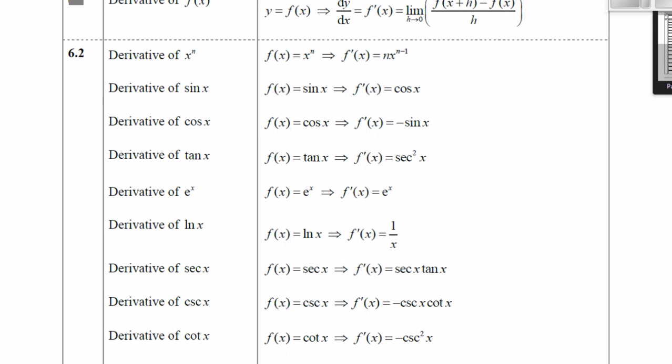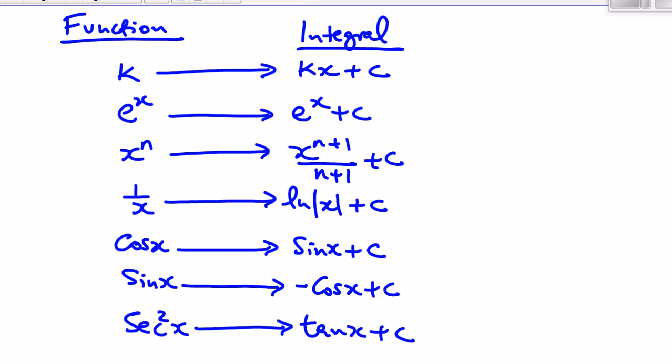Okay, here. You know that the derivative of tan x is sec squared x here. So you can use the reverse process to find the antiderivative of sec squared x, which is here.